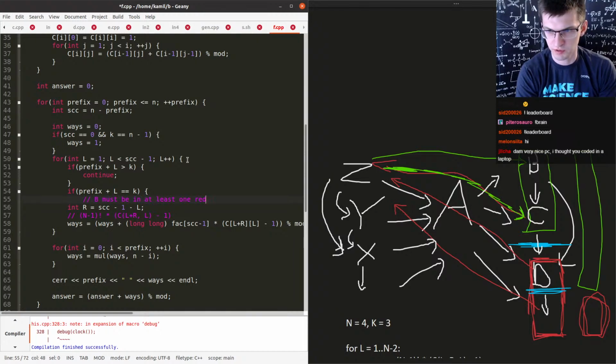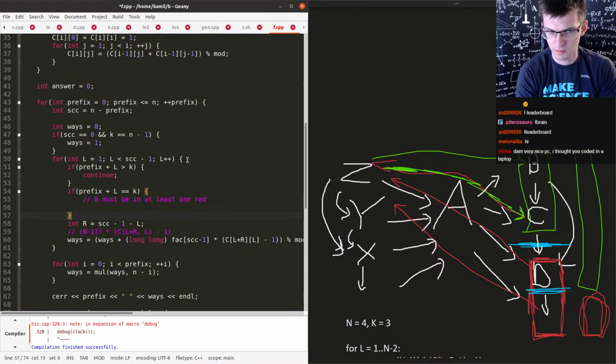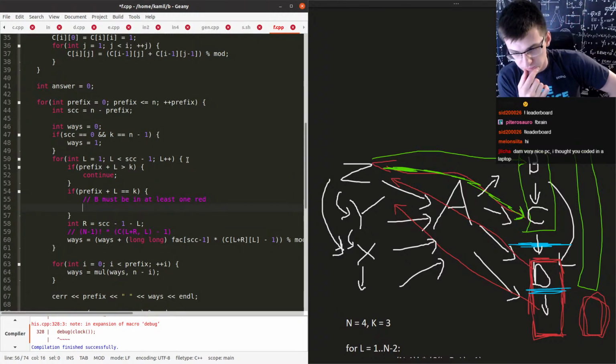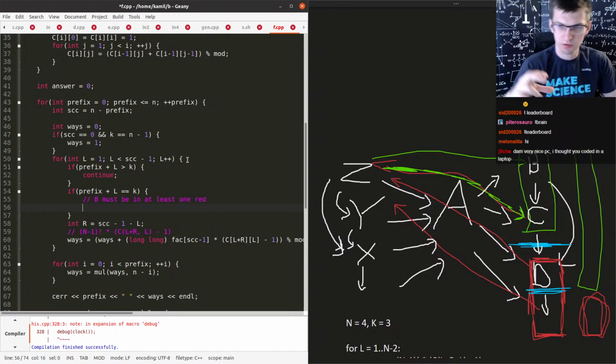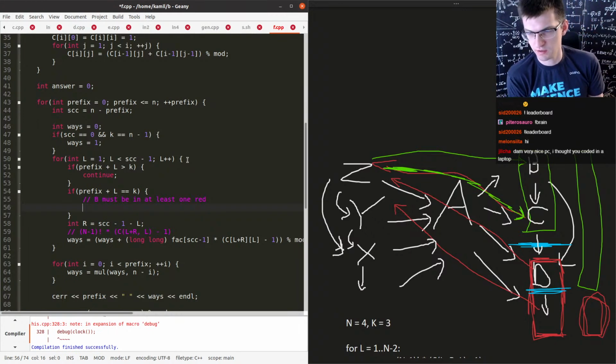Otherwise, its input degree is too big. Okay, then we know that for Z we need to choose just the whole red, and then we have some choices after that.